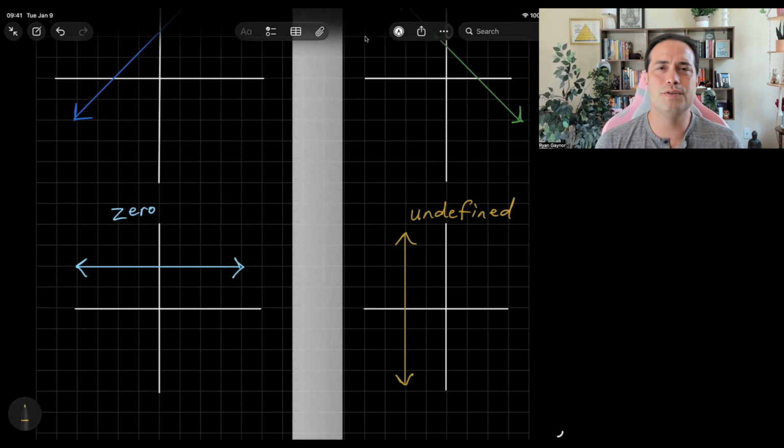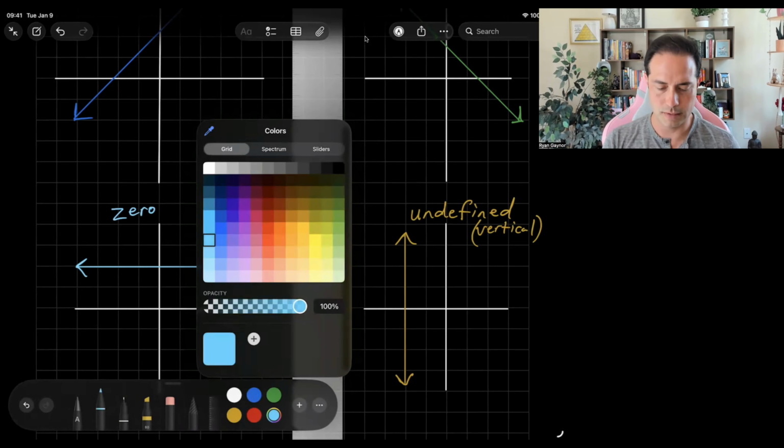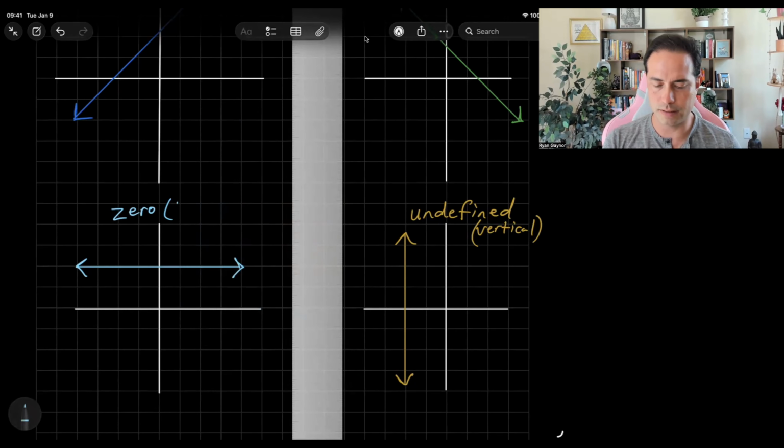Well, if you're doing the slope formula, you would end up with a fraction where you're dividing by 0. And you can't divide by 0, so that's why it's undefined. Okay, so again, this is vertical, and this one is horizontal. Okay, so those are the 4 types of slopes.